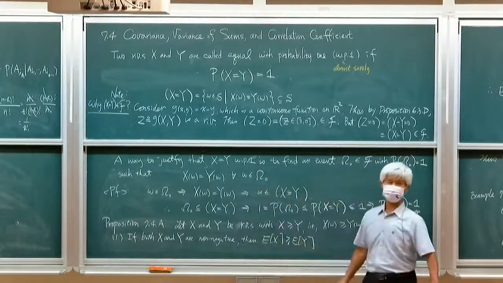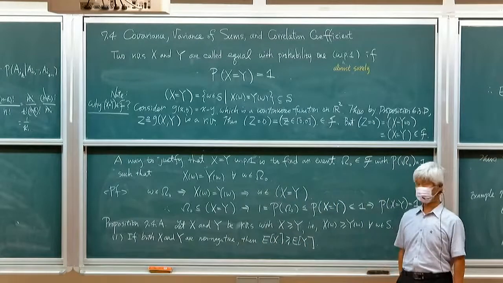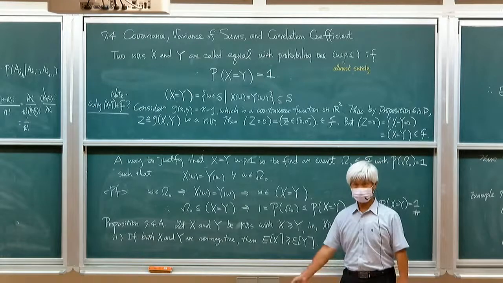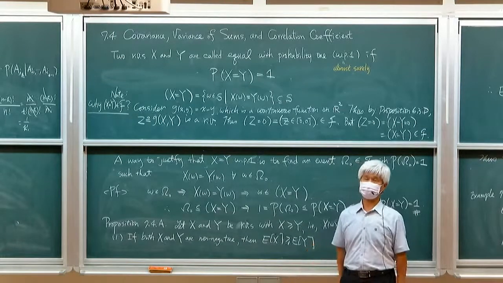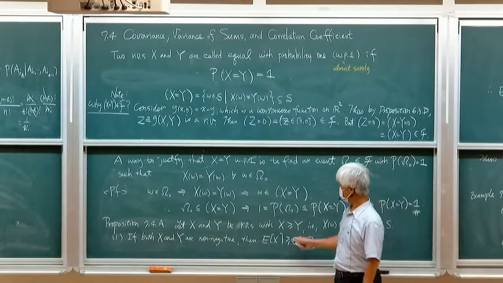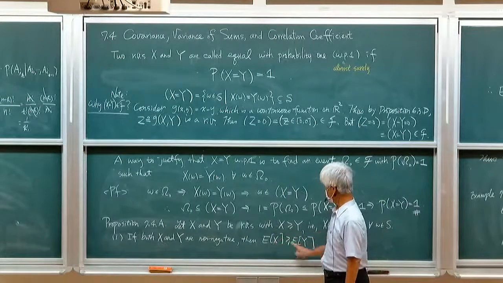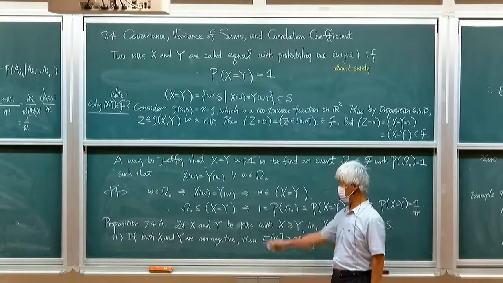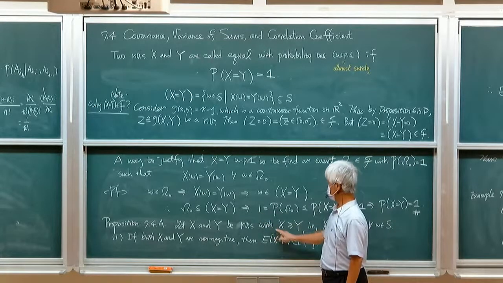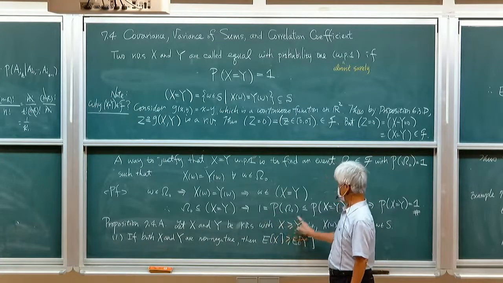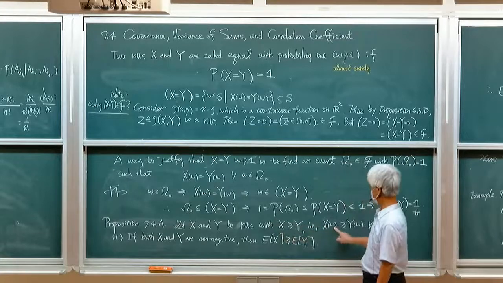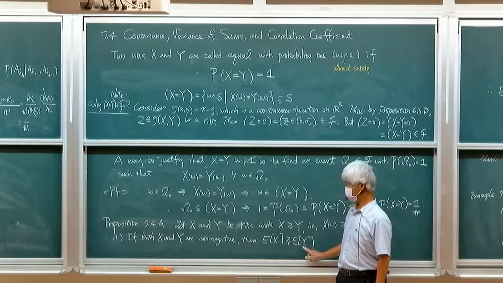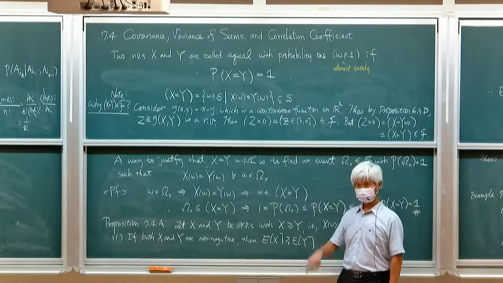For non-negative random variables, expectation always exists, but may not be finite. And so you can compare these two expectations. The first conclusion is that because x is greater than or equal to y for every outcome, the expectation of x is greater than or equal to the expectation of y. Simple, right?